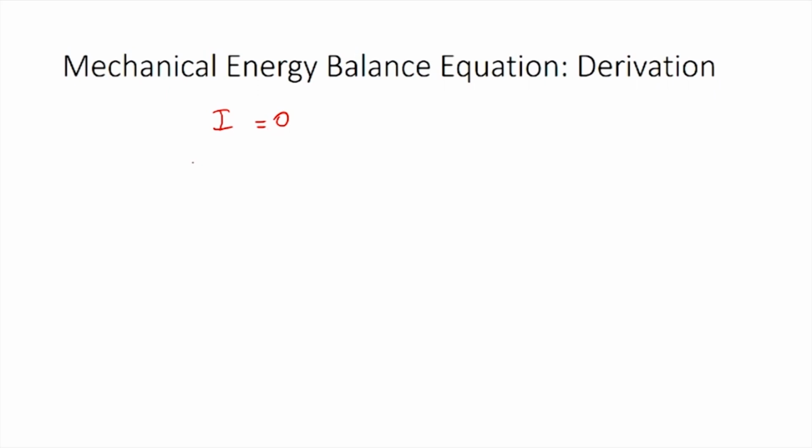From the general energy balance equation for an open system, we have delta H dot plus delta Ek dot plus delta Ep dot equals Q dot minus Ws dot. This delta H dot can be written in terms of internal energy and specific volume. So, let us do that.